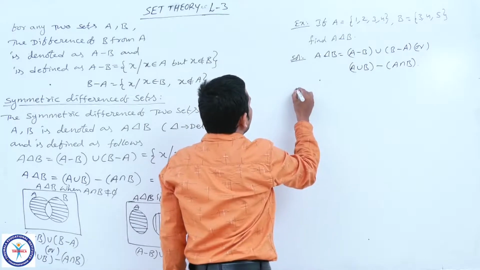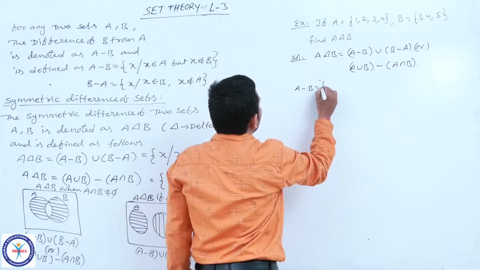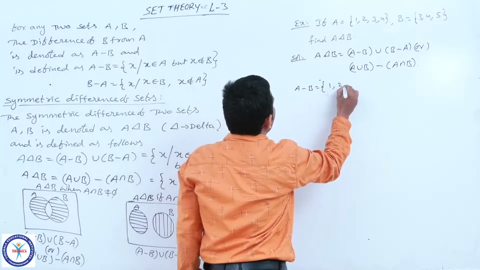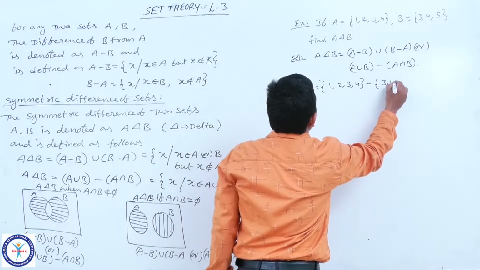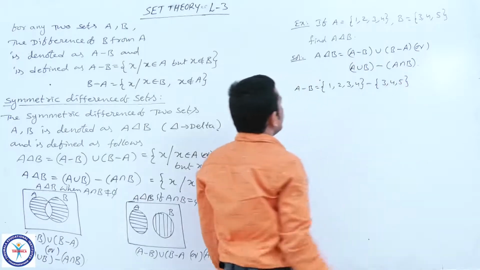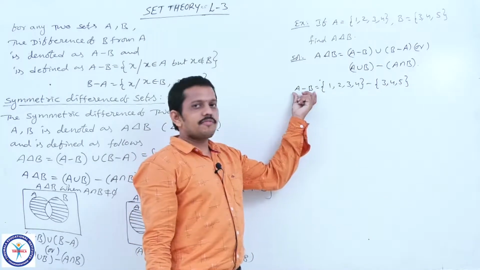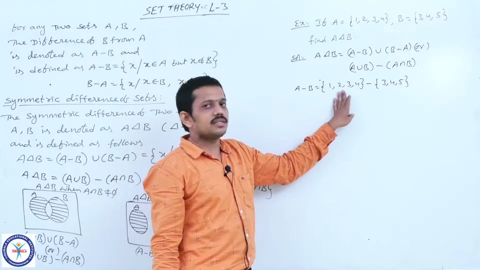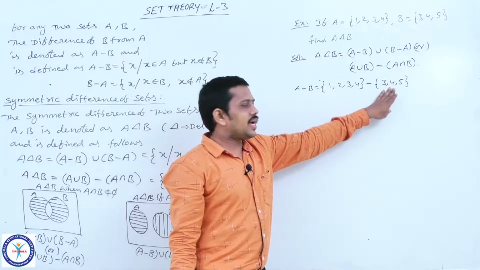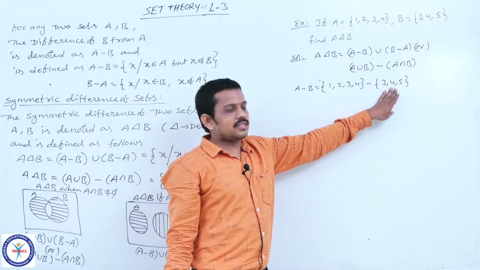Here we will find A minus B. A minus B means set A {1, 2, 3, 4} minus set B {3, 4, 5}. What is the difference of two sets? It is the set of all elements in the first set which are not elements of the second set.